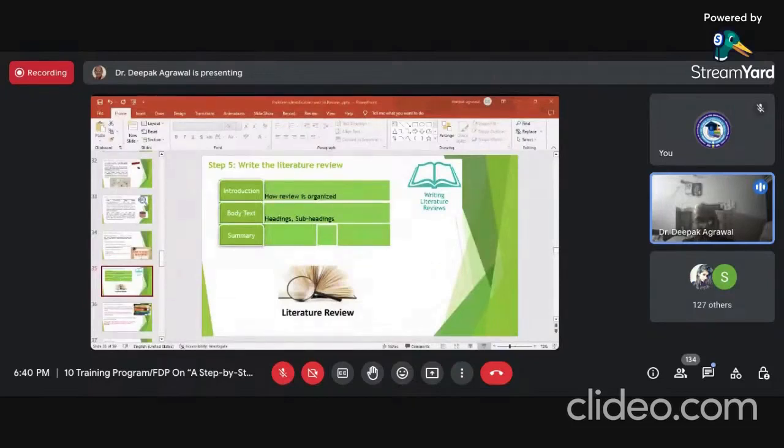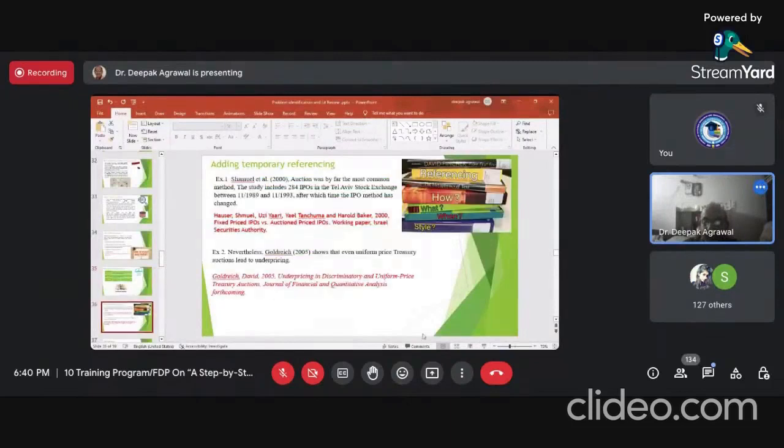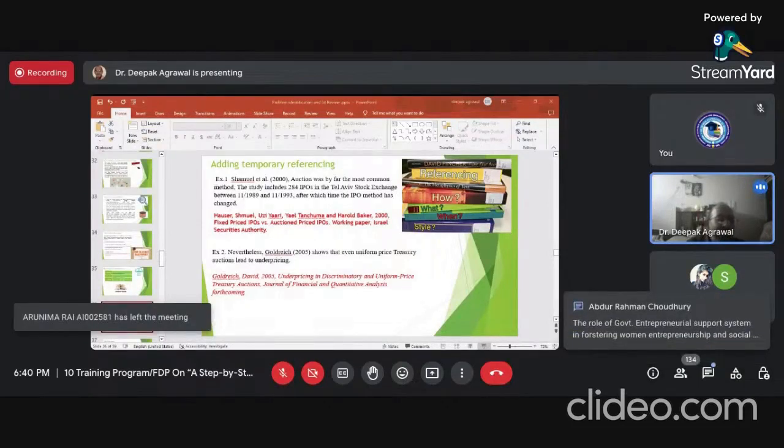So a brief summary provides an insight into all of it. Once you are writing, at the same time, you can also keep temporary referencing, like noting that this is one of the contents we have used in our work.